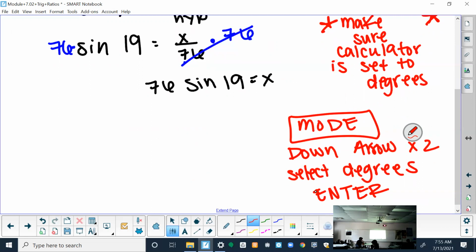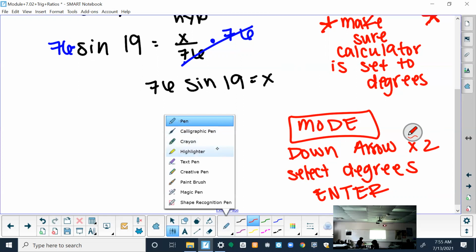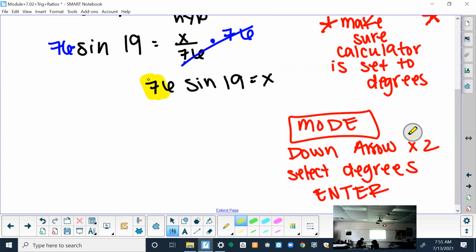All right. Once you've done that, you're going to put this over here, what I'm about to highlight, in your calculator. All right, so you put in 76. There's a sine button on your calculator. The black button, kind of towards the middle, says SIN. And then you press 19, close the parenthesis, hit enter.